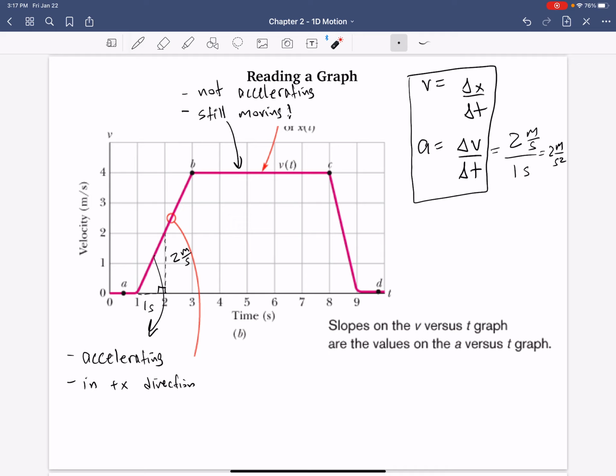So you might say it's slowing down. Right? So over here, it's slowing down or decelerating, still moving forward in the plus x direction.